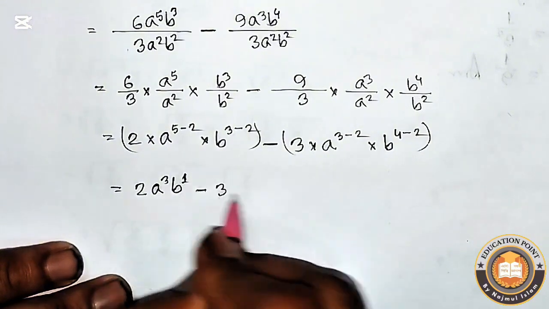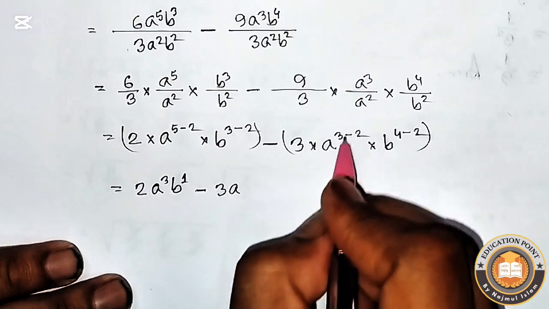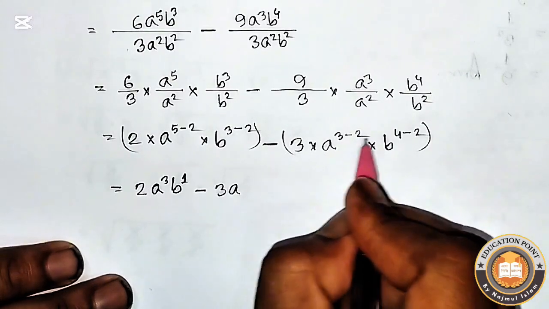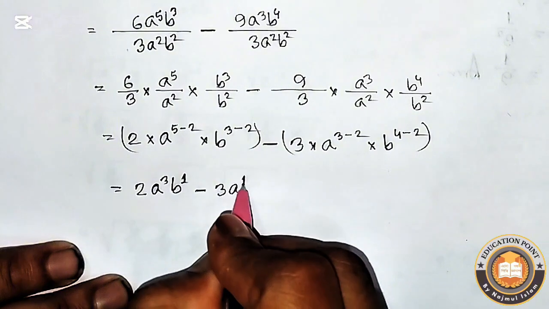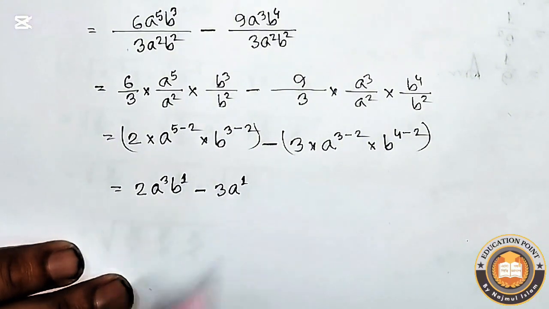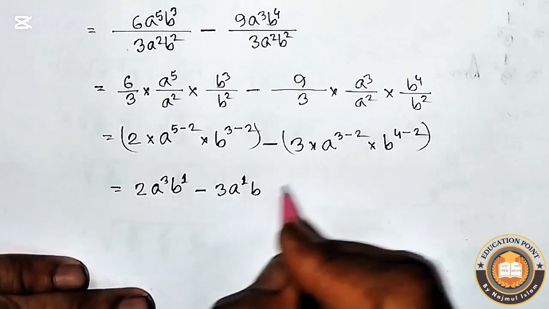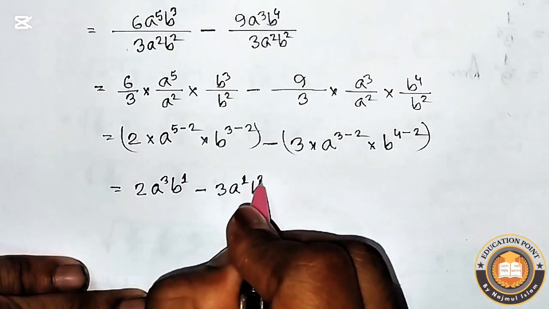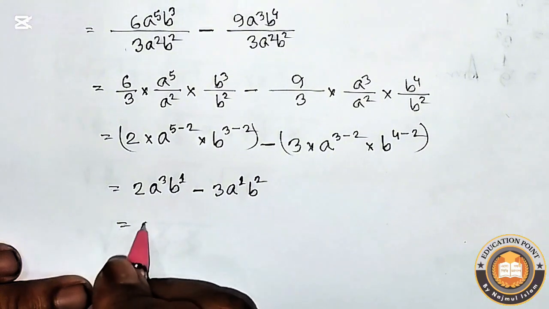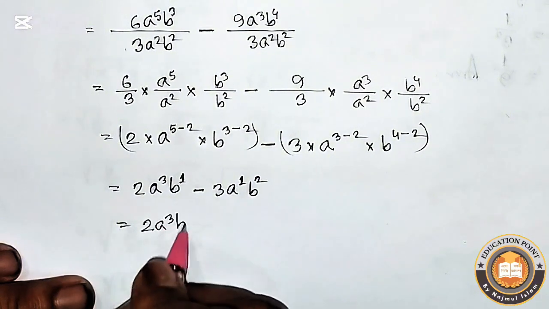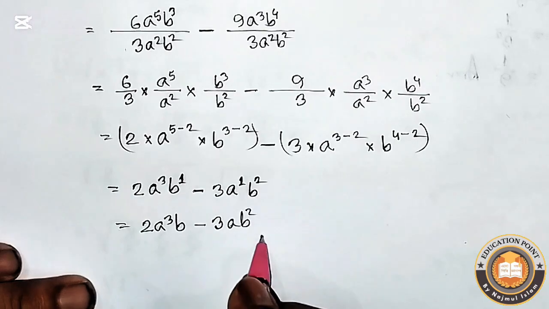Minus 3 into similar base a, their power will be subtracted, so subtracted value is 3 minus 2 equals 1, into b to the power, subtracted value of 4 minus 2 equals 2, equal to a cube b minus 3ab square.